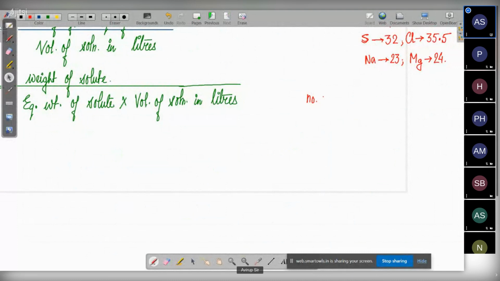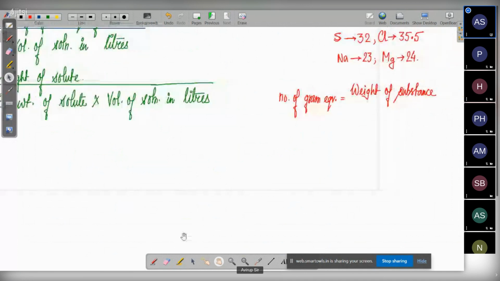So number of gram equivalent is equal to weight of substance taken divided by the molecular weight of the substance. Okay, so this is how you calculate the number of gram equivalent.